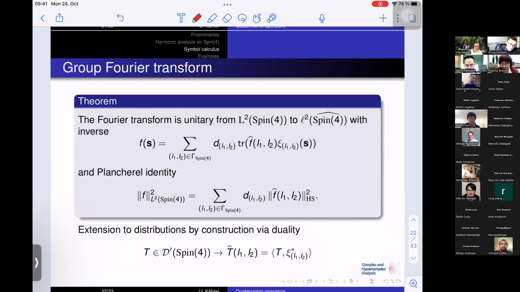With the group Fourier transform defined like that, with the lattice and so on, you immediately have that the Fourier transform is unitary of that type. That's the right norms and so on. And you have, of course, the Plancherel identity or Parseval identity for these two things. And if you want to go to distributions, it's usually by duality. That's, of course, the same thing.